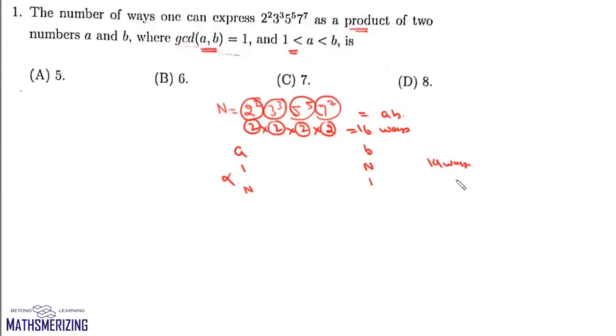Now out of 14 ways, there will be 7 cases where we have P in A and Q in B, and then there will be 7 cases where there will be Q in A and P in B. Now out of this P and Q, one of them is greater. So that means the total number of ways in which A is less than B will be half of 14. That is simply 7 ways, and that's your option C.